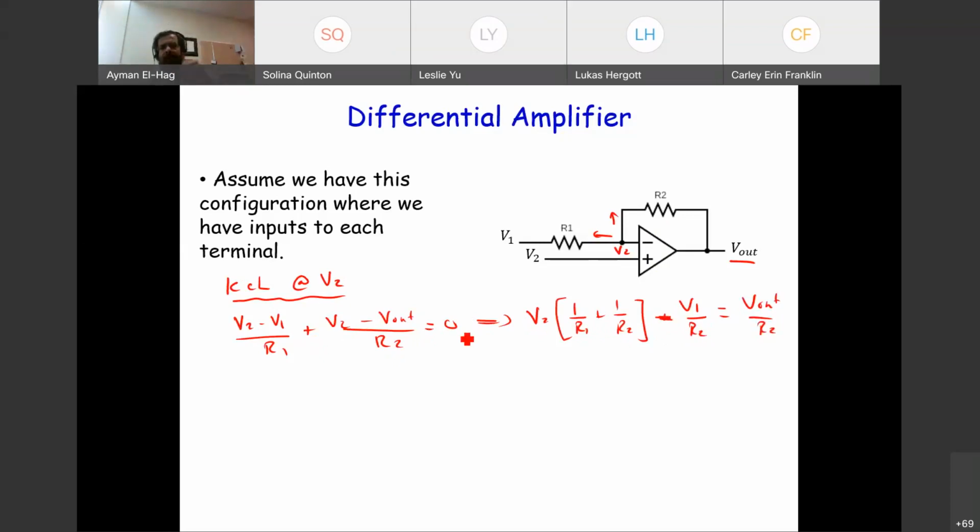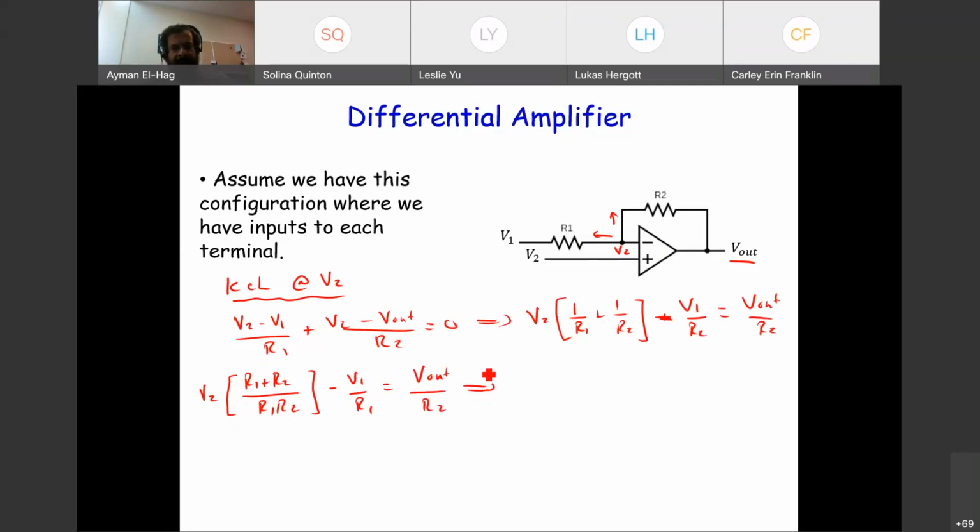I will just collect terms, so I will add these two together. So we will have V2, take the common denominator, so this becomes R1 R2, and this becomes R1 plus R2, minus V1 over R1 equal to V out over R2.